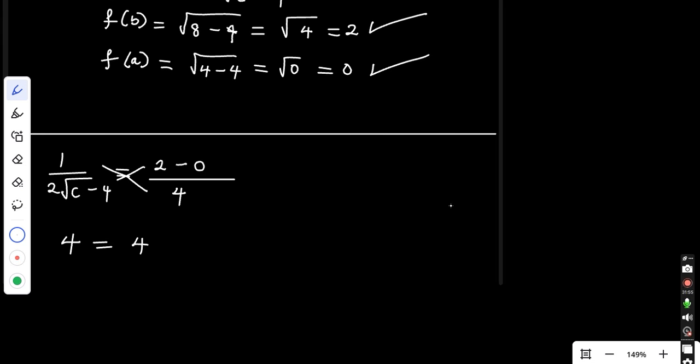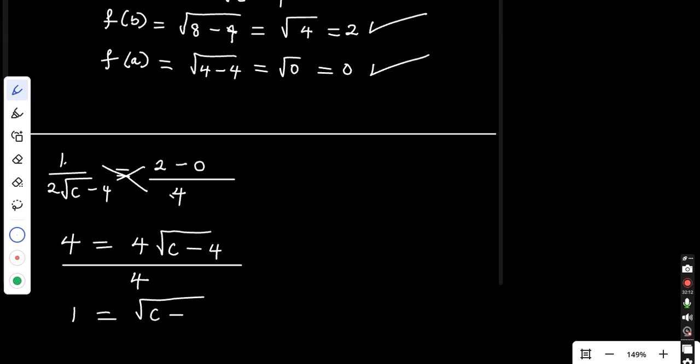2 is going to multiply 2. So when you cross multiply, 4 will multiply 1, 2 will multiply 2. So 4 equals 2 times 2 root c minus 4, that is 4 root c minus 4. Then we can divide all sides by 4 to have that 1 is equal to the square root of c minus 4.